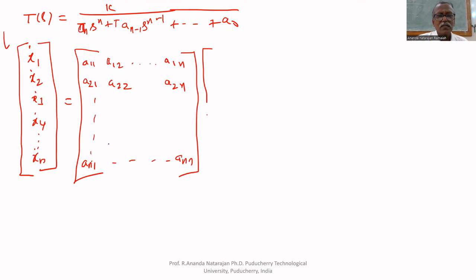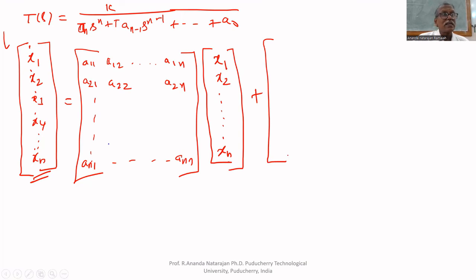Here what will you write? The state variables x1, x2, etc., xn, you will write. Plus you will write m input variables. B11, B12, B13, etc., B1m, etc., Bn1, etc., Bnm.